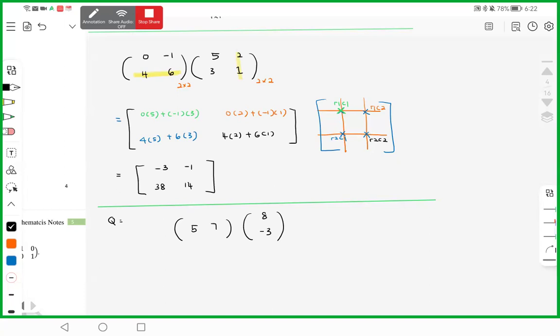Once you get the answer, first check whether you can multiply or not. If yes, what is the new order of the output?